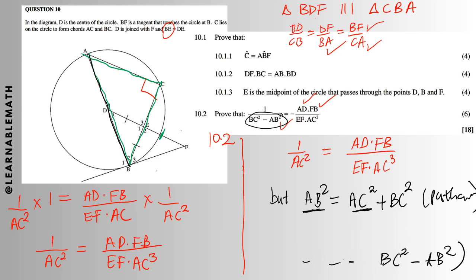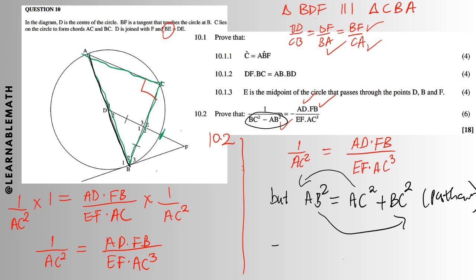So you might prefer to do this, or someone can say, okay, let's just take AB squared this side and AC that side, right? So if I take AC squared that side, negative AC squared is equal to, on this side we have BC squared minus AB squared. Can you see?